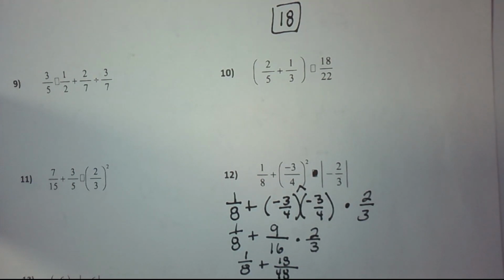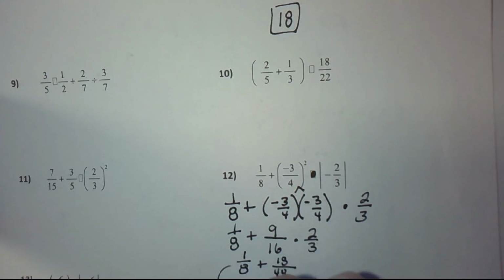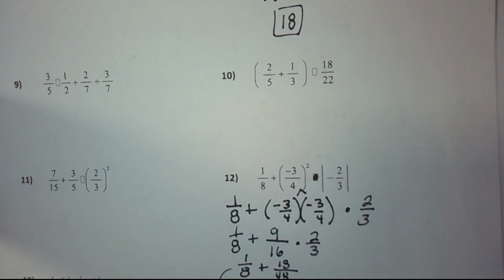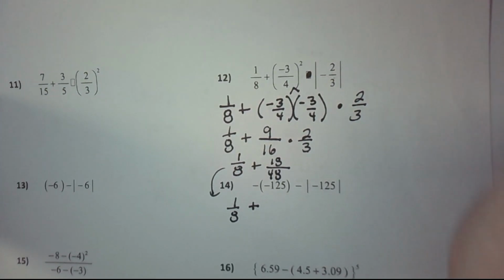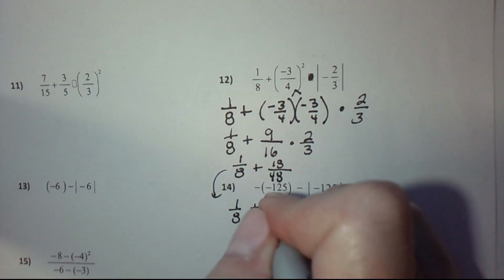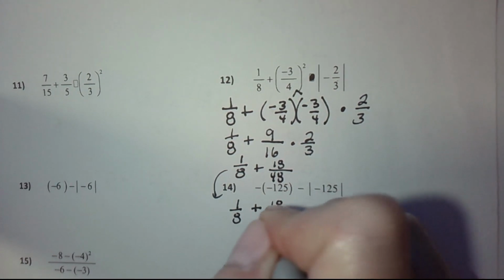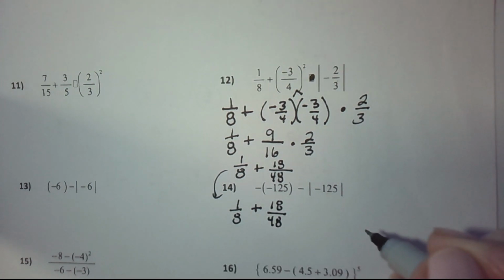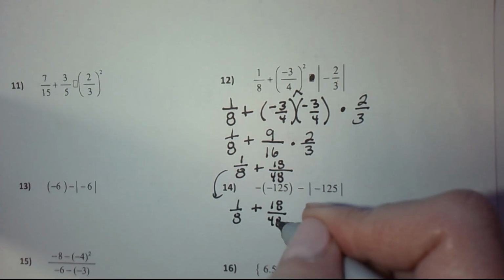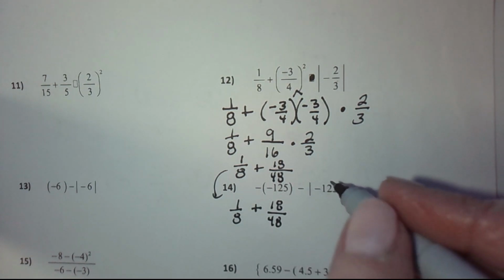Okay, almost done here. I'm just going to keep going on down. So I have 1/8 plus, now you might go ahead and reduce that fraction if you wanted to where your numbers aren't so large, or you can just work with it like it is. I'm just going to recopy it so you can see it a little better. It's 18 over 48. Now, common denominator, okay, 8 goes into 48.